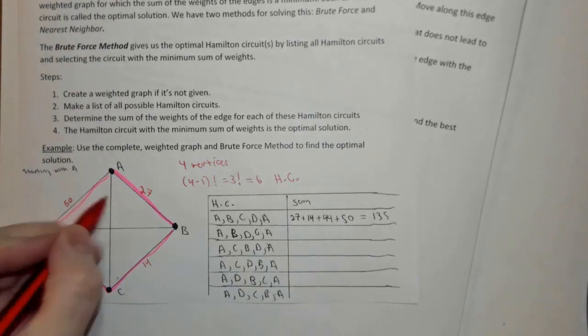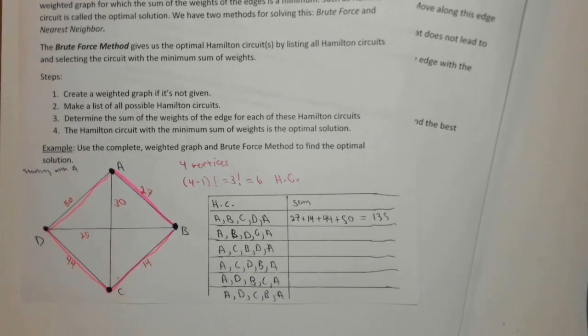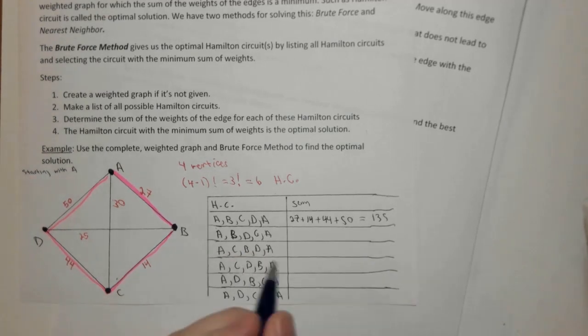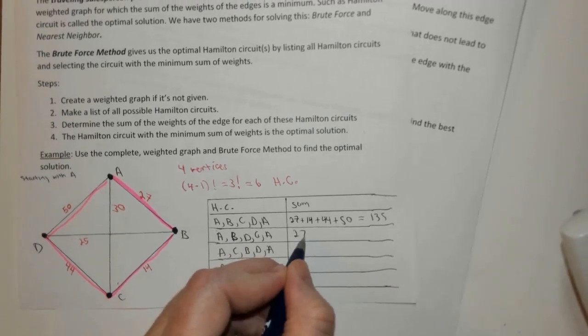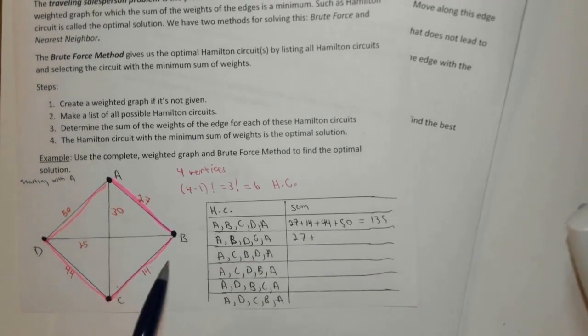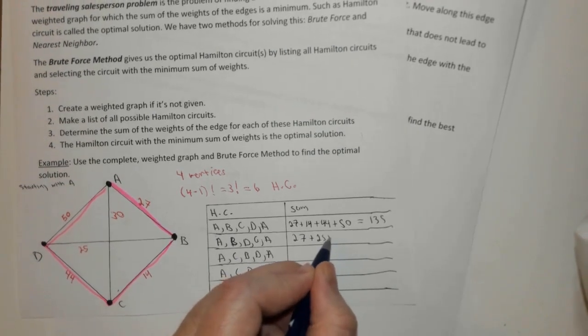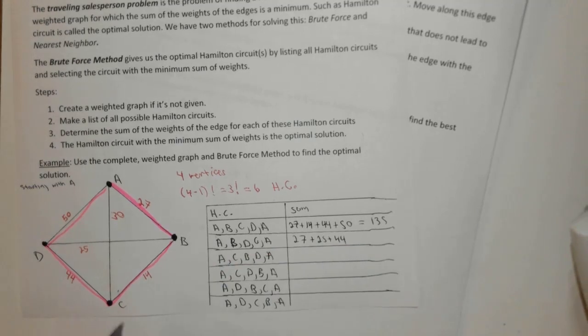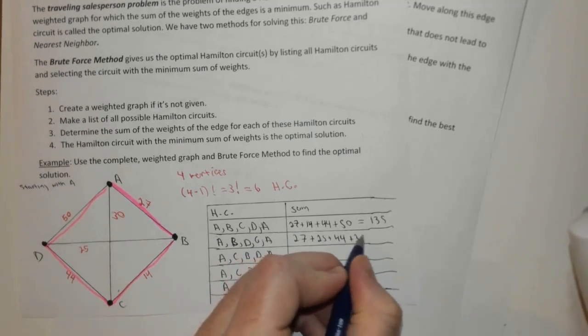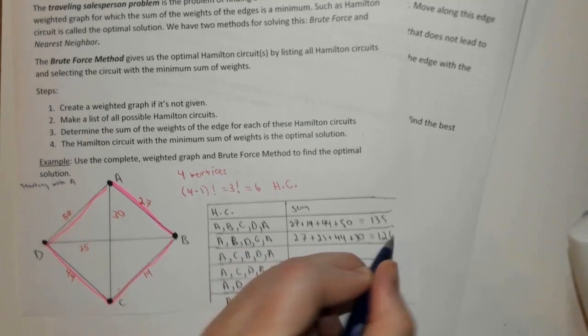This value is 30 plus 30. So I did 27 plus 25 plus 44 plus 30. And that's 126.